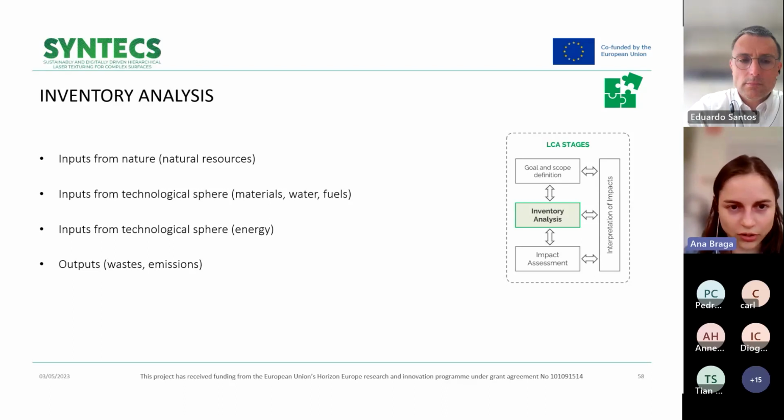Well, natural resources that are used from nature, from the technological sphere, materials, fuels, water, energy also, and wastes and emissions that come from that process. So if anybody wants to comment or give a suggestion, from the olive production to the extraction and so on.